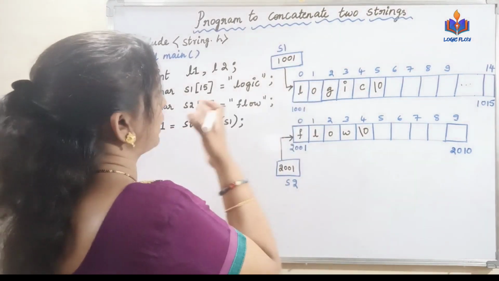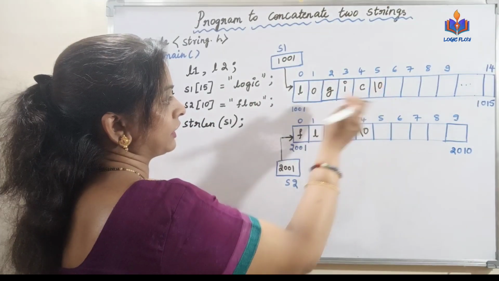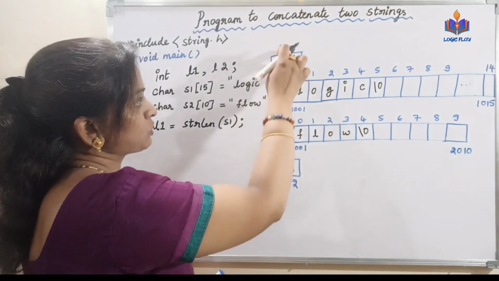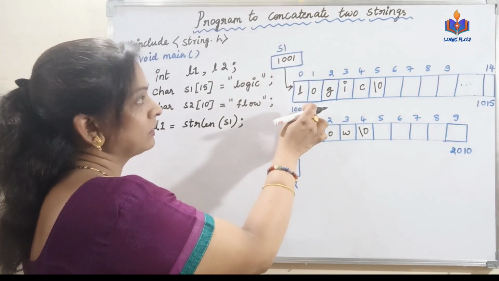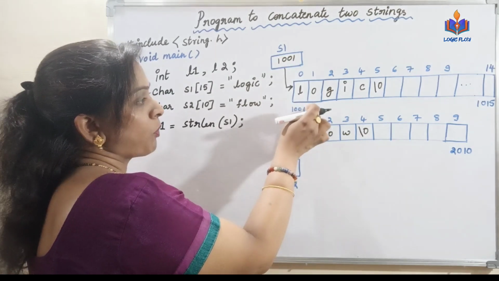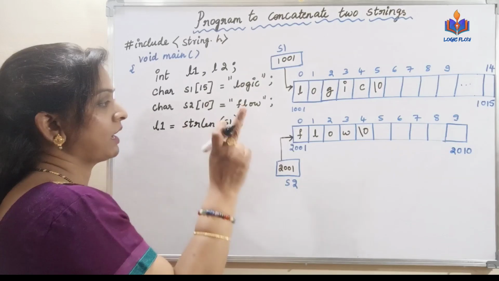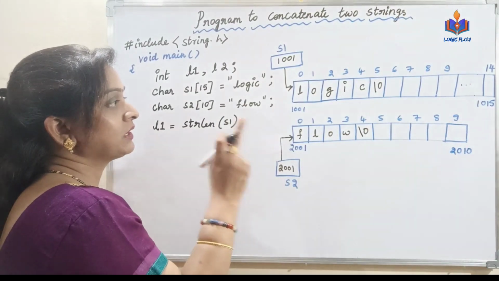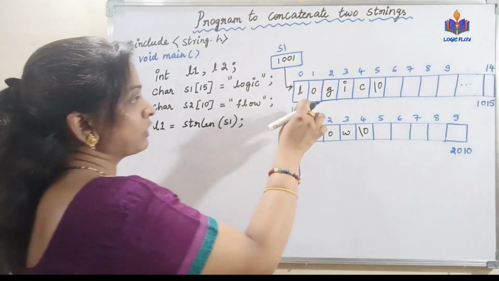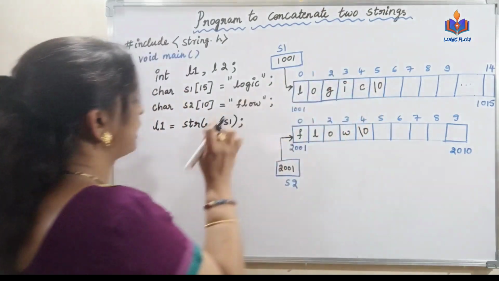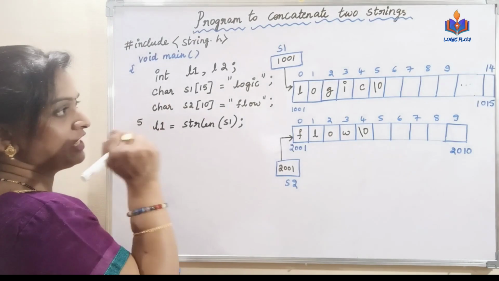Here I have filled the values, logic and null character. So what is the length of the first string? S1 is a character pointer pointing to 1001, and strlen is going to return an unsigned integer. The length of the string is 1, 2, 3, 4, 5, so it is going to return the integer value 5.